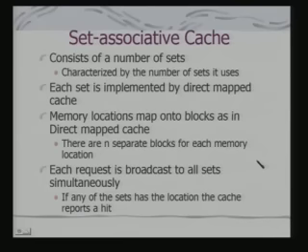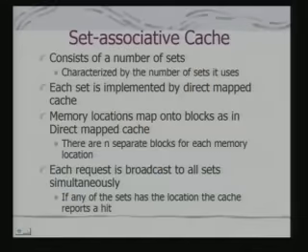Next, we get what we call the set associative cache. The basic idea of the set associative cache is to remove the problem of conflict misses that you frequently encounter in your direct mapped cache. A set associative cache is characterized by a number of sets. There is not a single set or a single block, there are a number of sets.